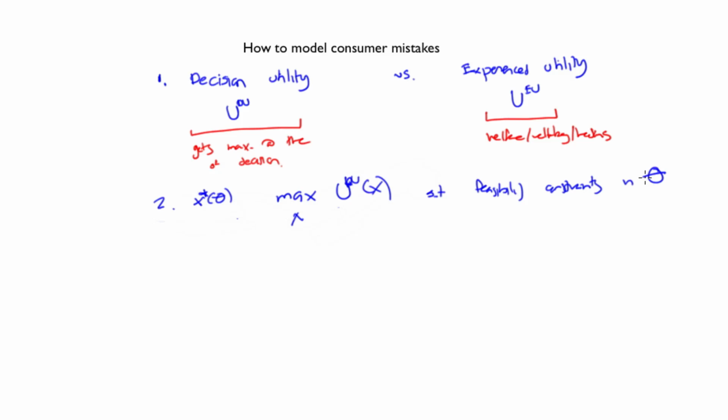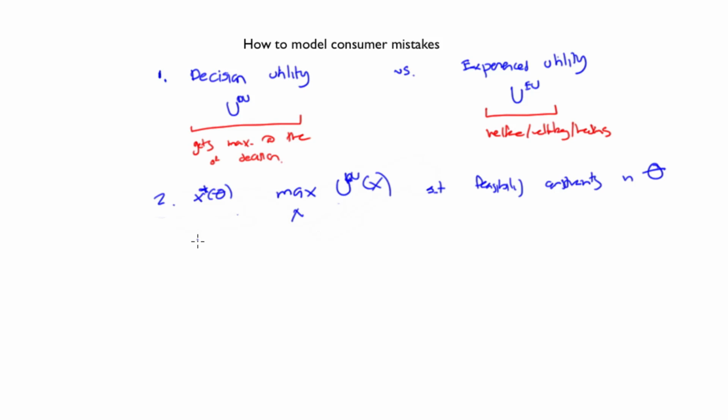So theta, for example, may be buying freely at a particular price, and then the feasibility constraint is just how much you get to consume of X and M, given that the price is P as a function of X. You know, it's kind of the budget constraint that we have been talking about.